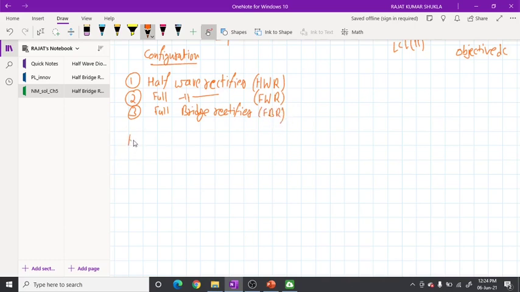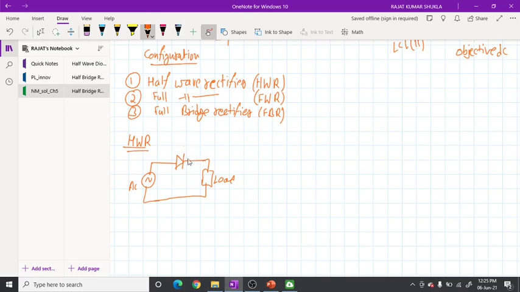If I am talking about the half wave rectifier, here you will use a device, let's say a diode, here will be the AC signal and here is a load.